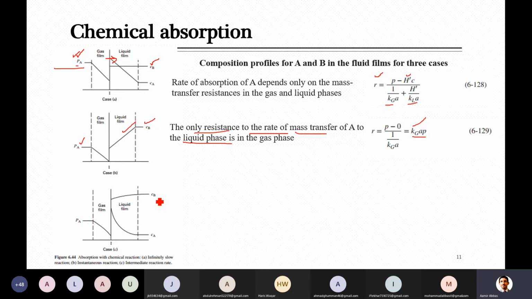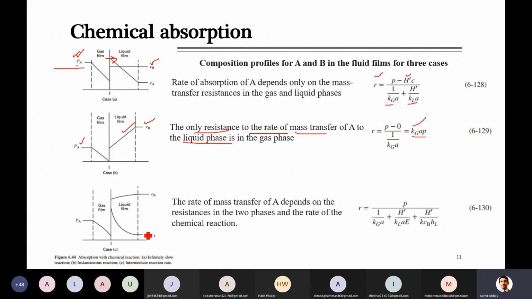Component B definitely reacts, but it doesn't react at the fast rate as in the previous case, so its concentration decreases but not that much. As we said, this is an intermediate reaction rate, so some of component A will react with B at the interface, but some more will react when it is transferred to the liquid side. So when you look at the equation for the rate, it will contain resistance on the liquid side as well as the gas side, as well as reaction rate resistance.